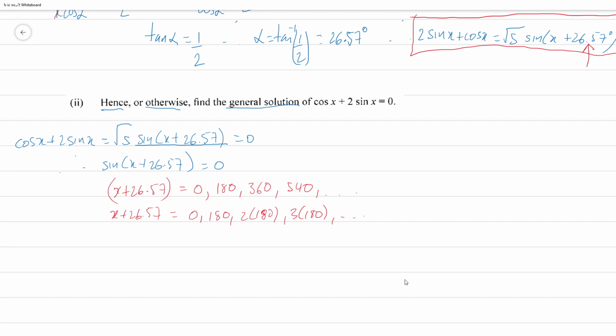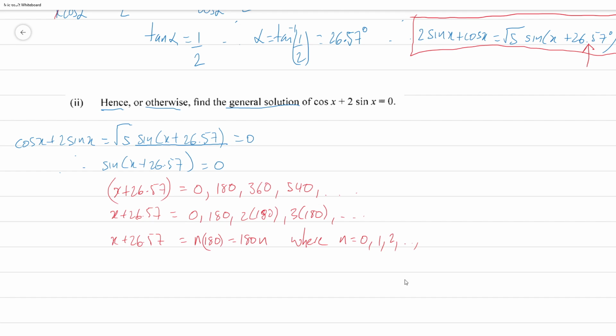So I could say x plus 26.57 is equal to 180n. Oh, sorry, I probably should write it as 180n, where n is 0, 1, 2 and continues.